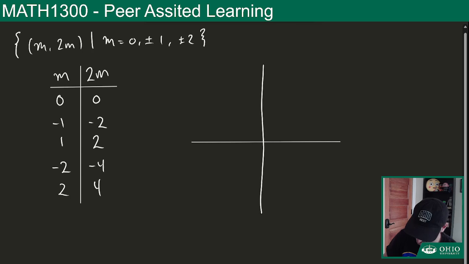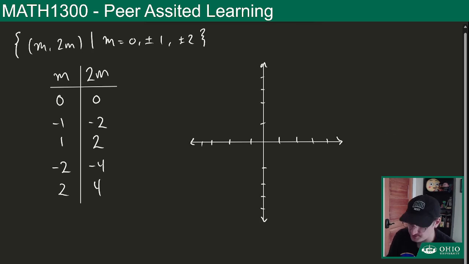Again, this is not going to be the most accurate thing in the world, but let me give myself at least 4 tick marks on each side. Okay, so now we can start graphing m. Let's do it in a color. I'll do it in green just so it shows up nicer. The first point is at 0, 0. The next point, and these might feel a little out of order, but that's totally fine.